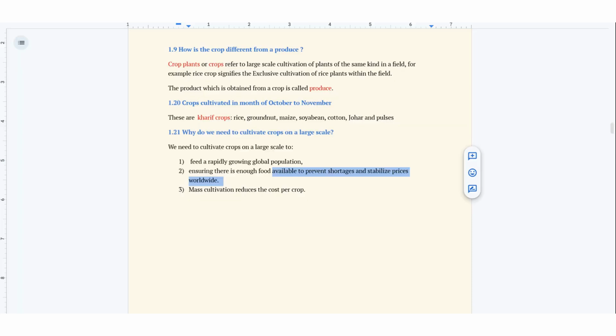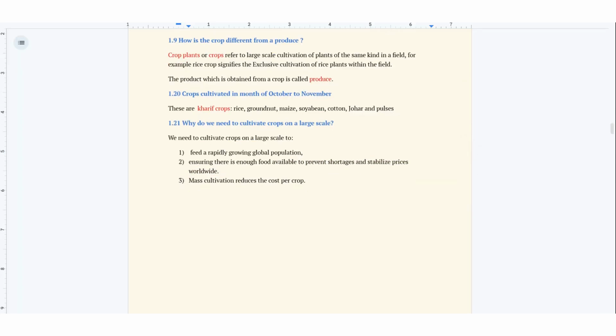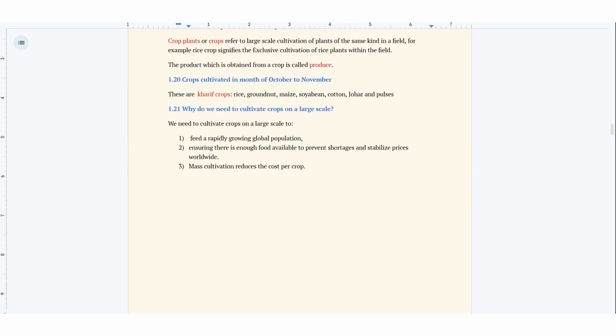Third point is mass cultivation reduces the cost of the crop. So, meaning if you just plant one papaya tree, your effort will be only for one papaya tree, and for that you put manure, you use a tractor, or you use field laborers, whatever it is. But imagine if you plant two papaya plants there, the effort will slightly increase, but it will not be double.